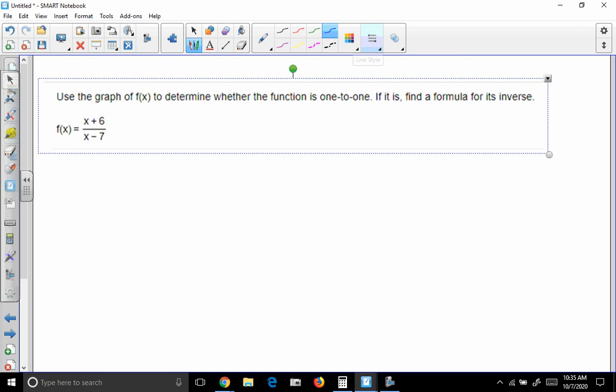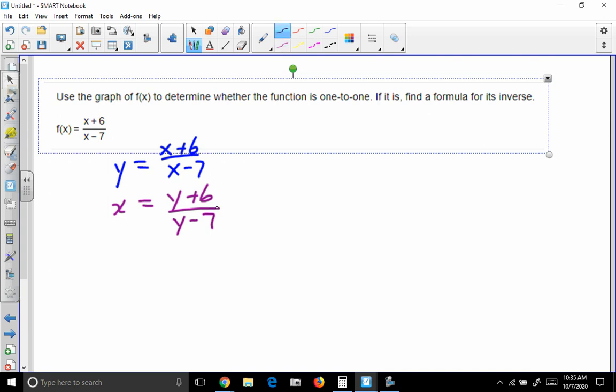So here, let's get the inverse. Since I'm giving you this problem and asking for the inverse, we are going to assume that this is one-to-one. So we put it in y notation. That's the first step. Then we replace every y with an x and every x with a y. Now we want to solve for y.